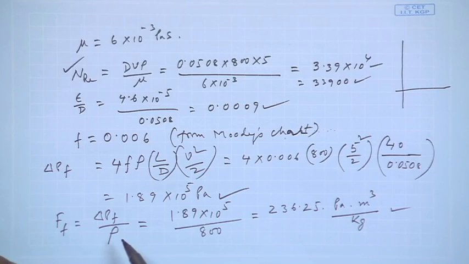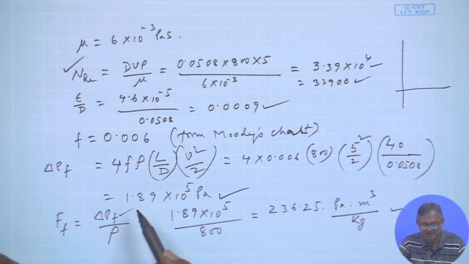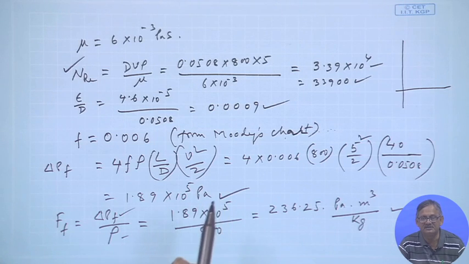You have seen that delta PF is in Pascal and density rho is in kg per meter cube, so it becomes Pascal meter cube per kg.